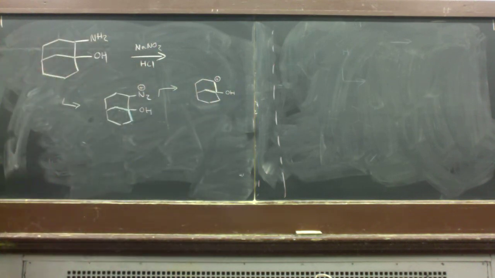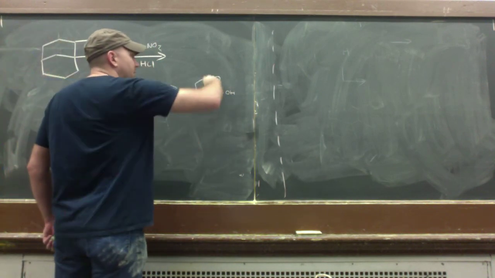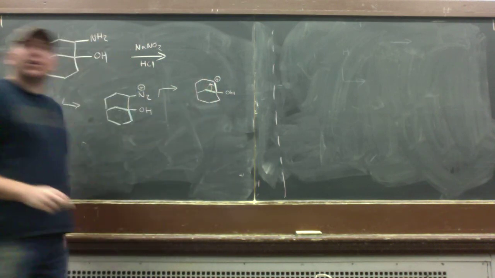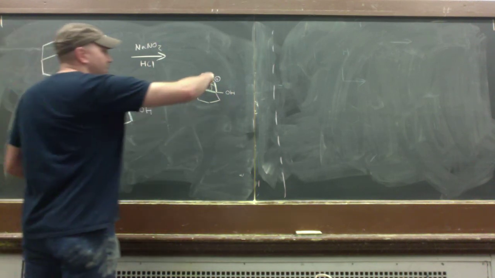So again, if we're going to draw this shift, what's going to happen is that bond is going to go up. Sometimes you can just draw a dotted line to show where the bond is going to form. So effectively, this green bond is now going to be up there.